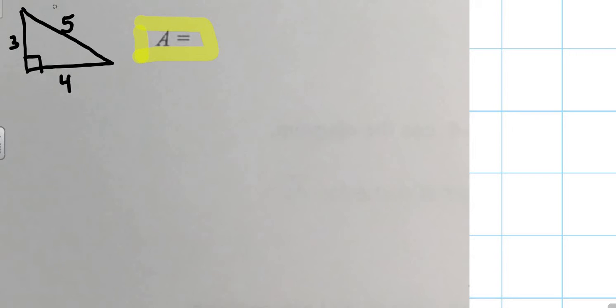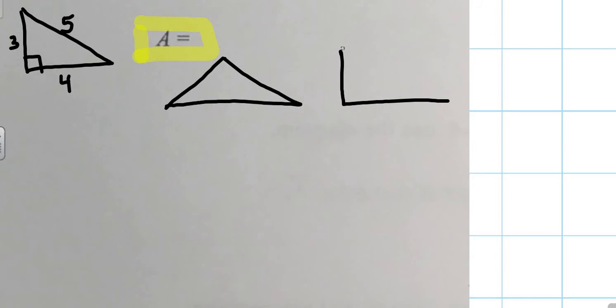I need to do a little background here. All right, the area of a triangle, there's different kinds of triangles. You have what you would consider a normal triangle, like this. And then this is specifically a right triangle.